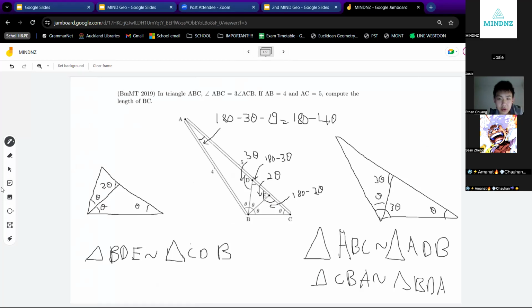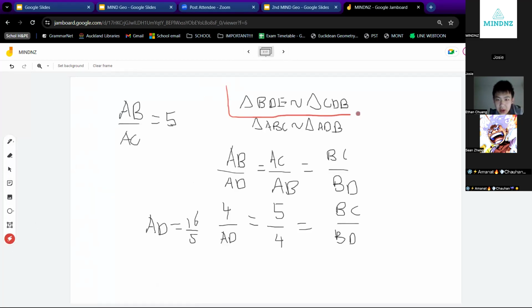Now I guess you want to try look at this pair of similar triangles and see what you get from those ratios. So just have a go at listing out these ratios and plug in the information you know and just see what happens.